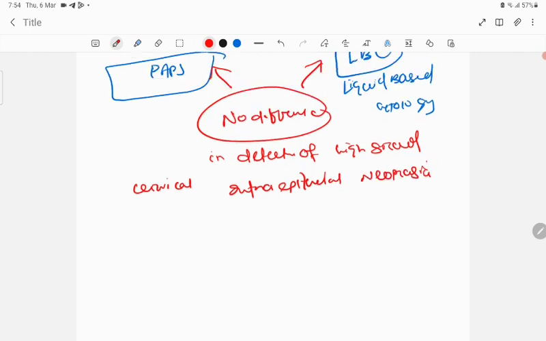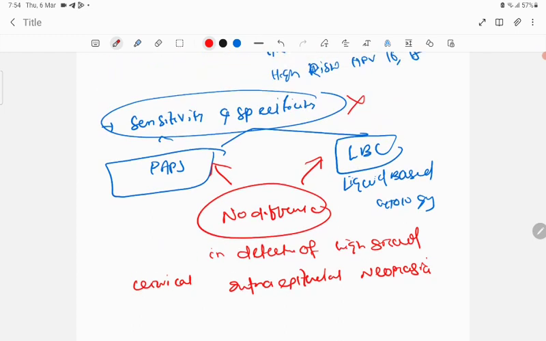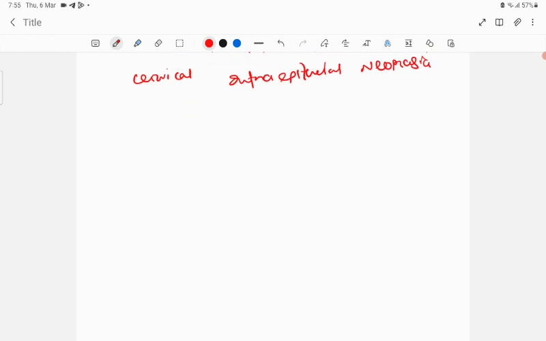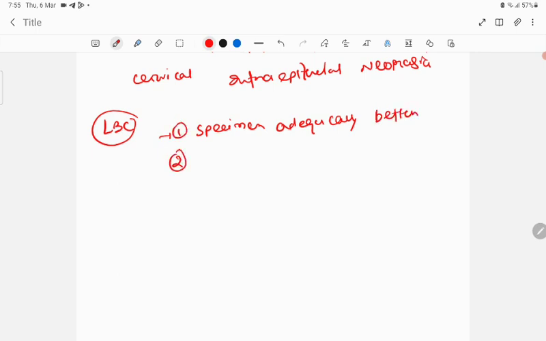So whether you go for a PAP smear or liquid based cytology, they have equal sensitivity and specificity in the detection of high grade cervical intraepithelial neoplasia. But remember, LBC has an extra edge. What is that extra edge? Specimen adequacy will be better, you get a better specimen without obscuring cells, and the glandular component can be better identified.